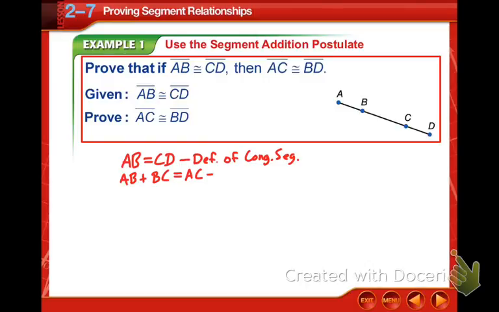That's our segment addition postulate. We also know, substituting here, since AB is equal to CD, we can replace AB with CD. So that means that CD plus BC is equal to AC. This is just substitution.